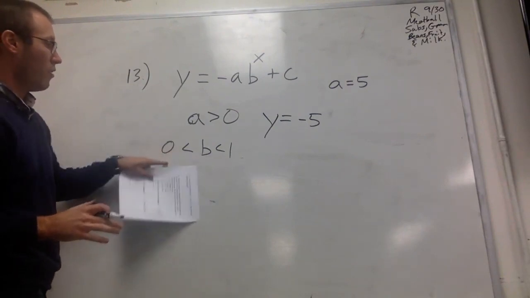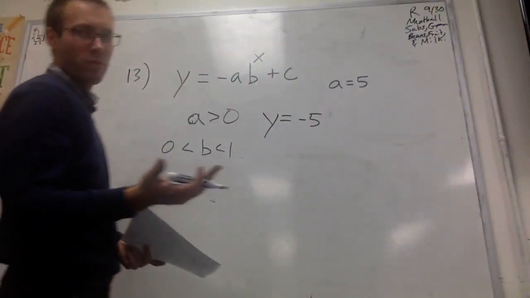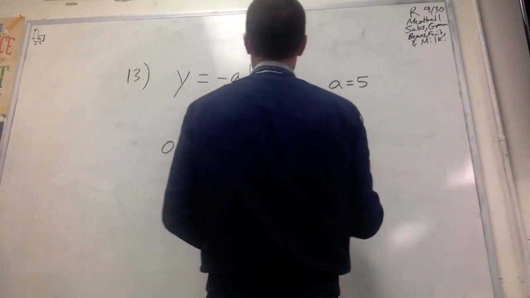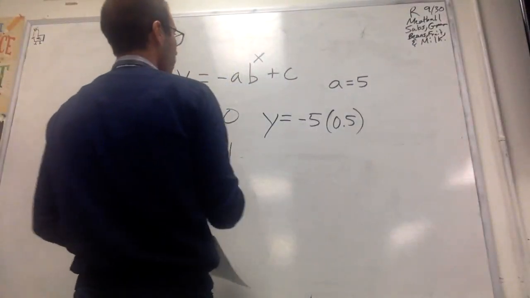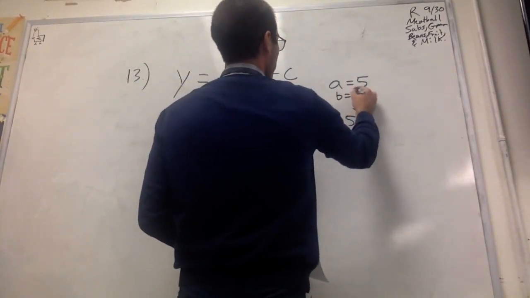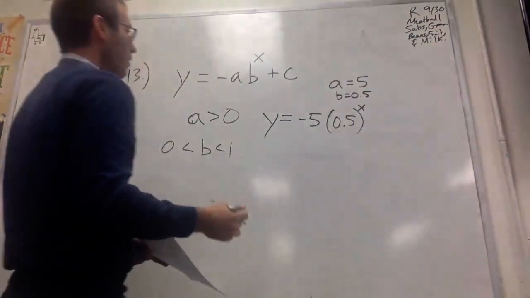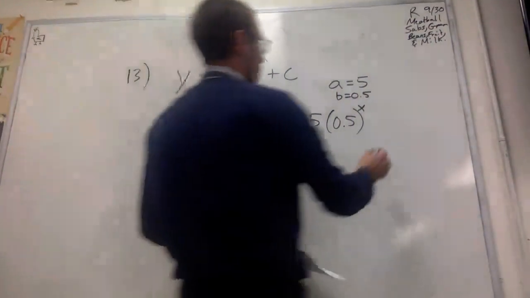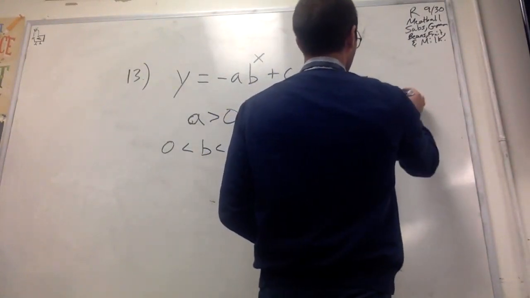B is a value between 0 and 1. I'm going to choose 0.5, because I like 50%. So B is a value there, so to the power of x. A is 5, B is 0.5. And C, I don't know what C is. I'm just going to make it up. I'm going to say C is equal to 3.